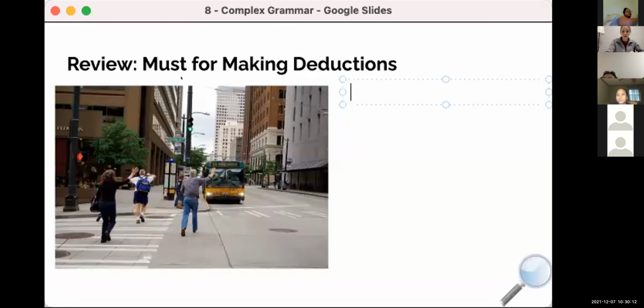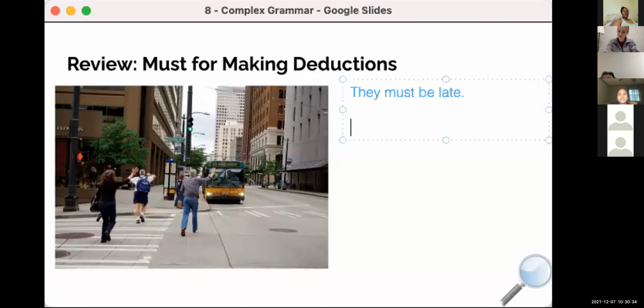So for this picture, we see a city, there's a bus, and we see these people running to catch the bus. So what do we know based on that information? They are late. They must be late, right? If they're running to the bus.